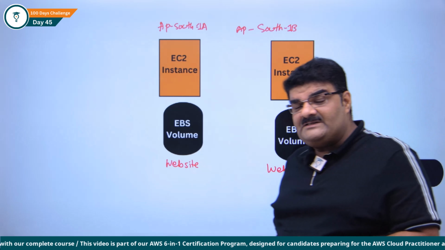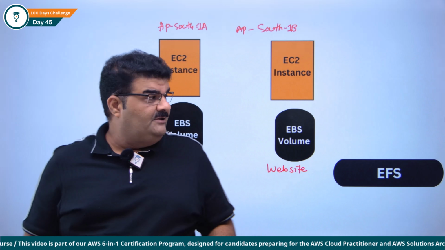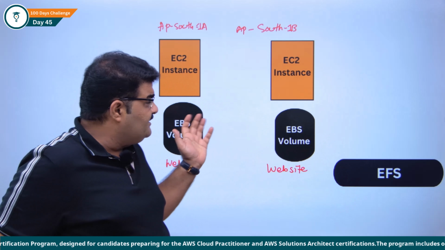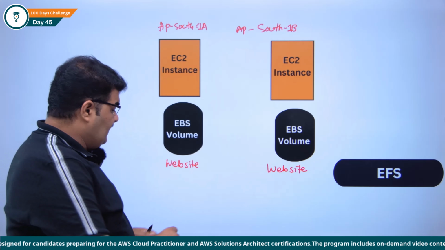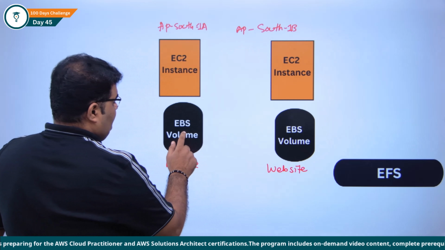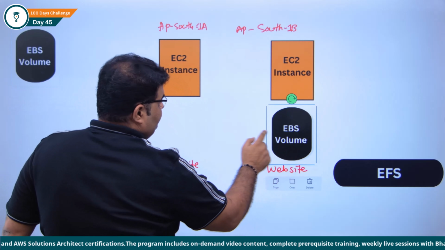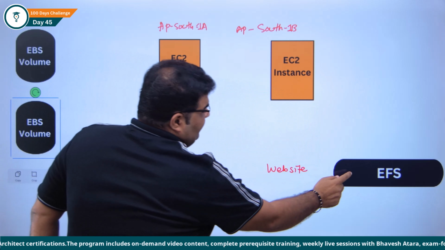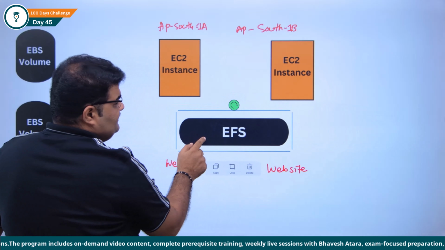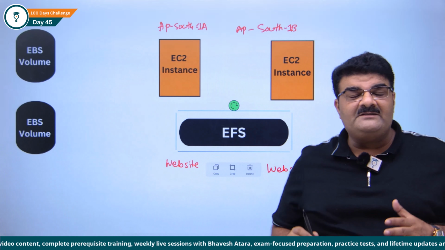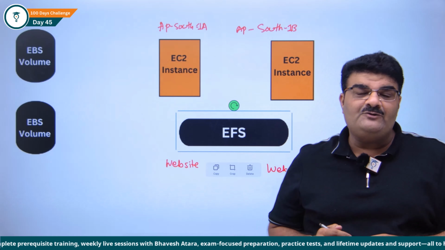Now let's understand what happens if I use EFS instead of EBS. So let me remove this EBS, and here I'm going to use EFS. Now the biggest advantage of EFS is that it is shared storage.